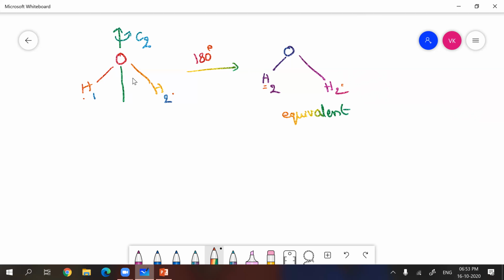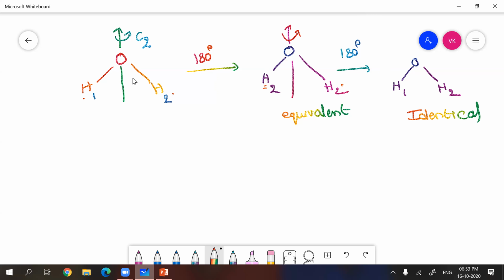Is it identical with the original one? No. Still you have to carry another 180 degrees rotation to get the same atoms to occupy their original place. This is said to be identical. So these two things you have to know.